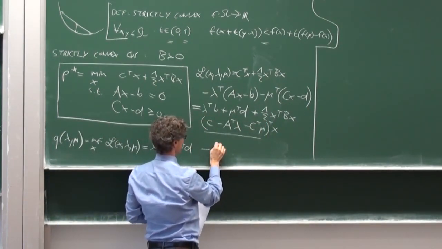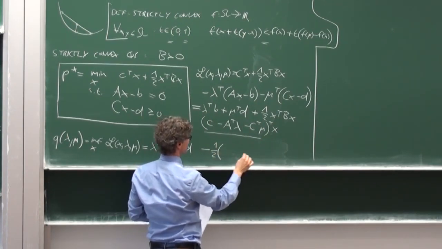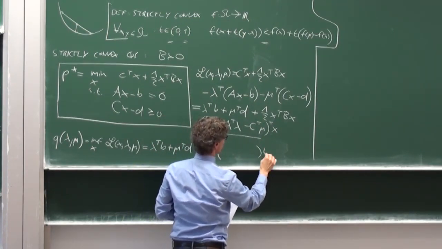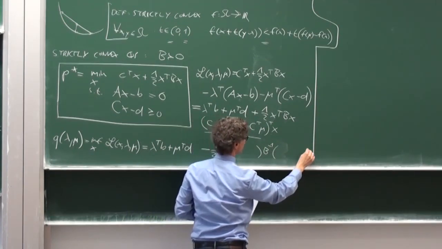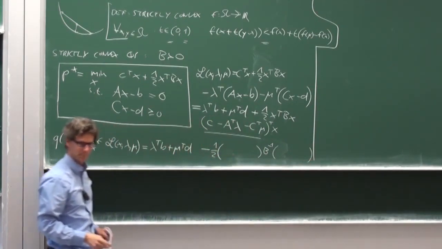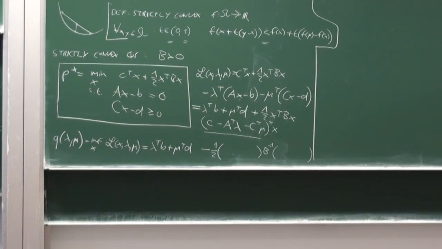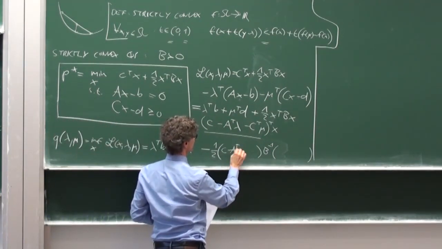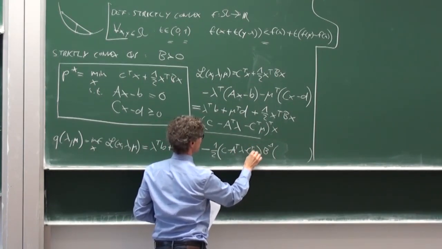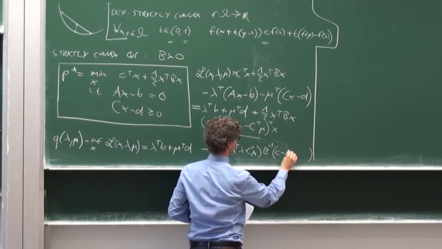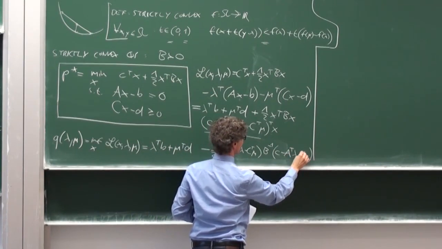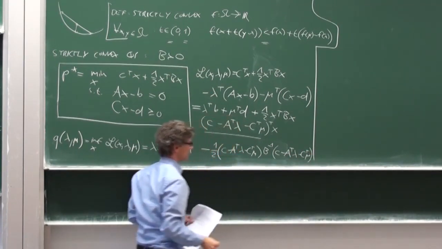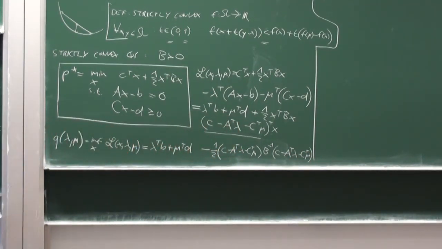This will be minus 1/2, and then the gradient, B to the minus 1, and the gradient again. That was the result from before the break. The gradient is c minus A transpose lambda minus C transpose mu, and here we have the same. Now we have an expression that is explicit for our Lagrange dual function.